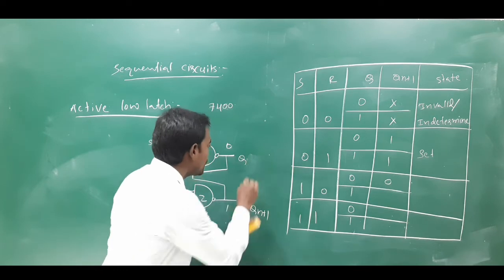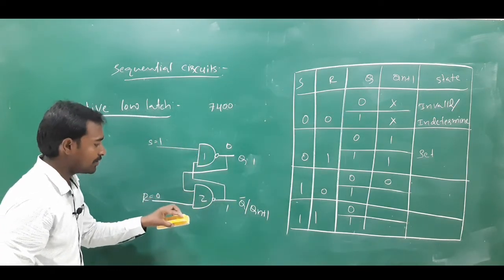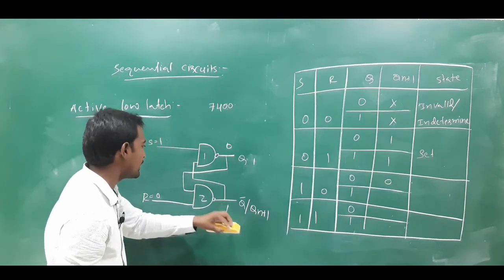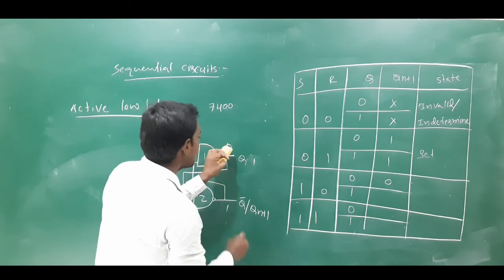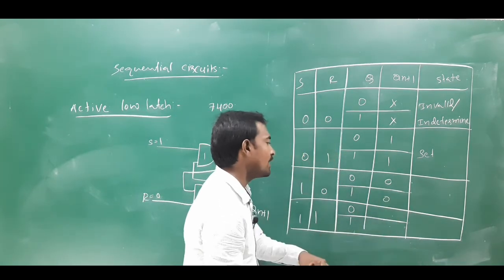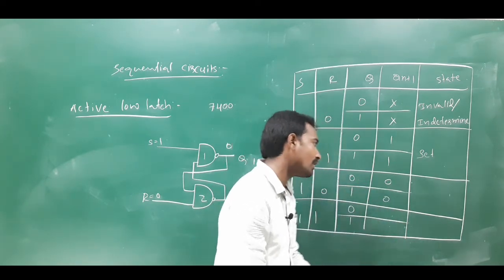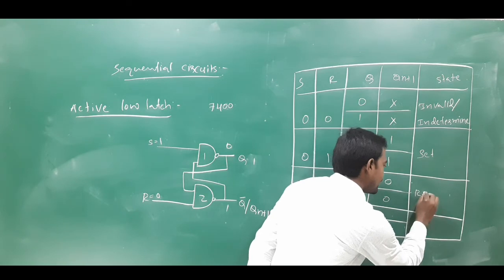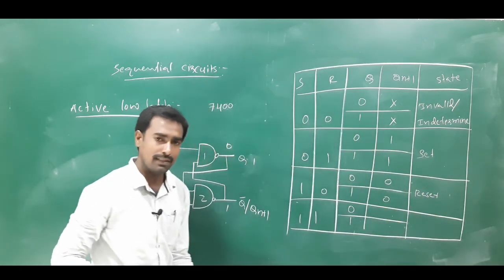For Q equal to 1: 1 cross 0 is equal to 0, complement 1, and again 1 cross 1 is equal to 1, complement, the output is equal to 0. So here we always get the output 0, and this state is called the reset condition, because reset is indicated with 0.